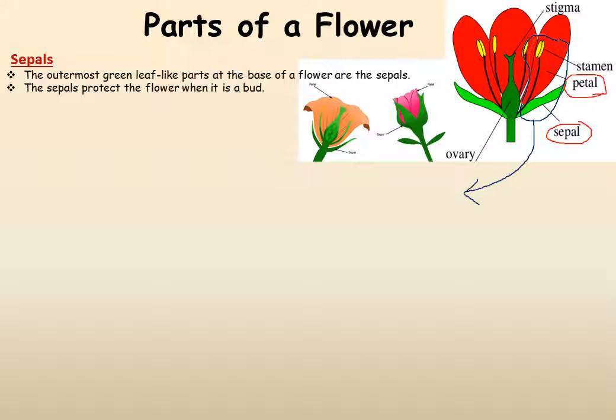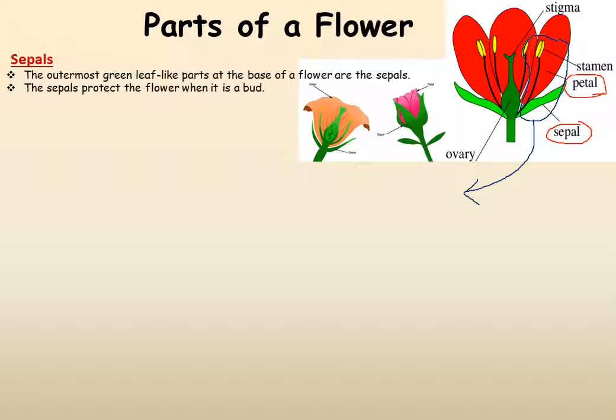Now please read this section. The outermost green leaf-like parts at the base of a flower are the sepals. That is the definition of sepal. It's a green leaf-like part at the base of the flower. You can see where the sepal is lying. Now the sepal protects the flower when it is a bud.